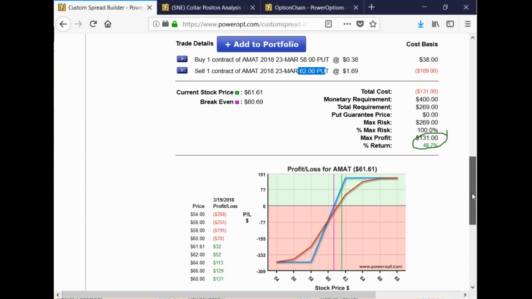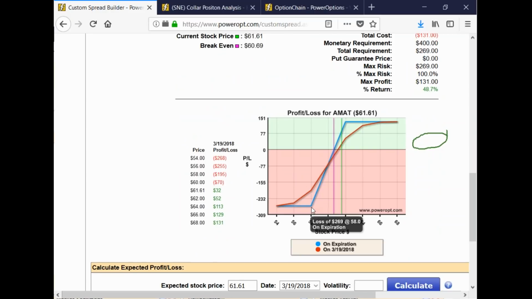I have bought a put at 58, which gives me the right to sell that stock to somebody. So if the stock gapped down to 50 for whatever strange reason, and AMAT was at 50 a couple months ago, but if it fell suddenly to 50, I may be forced to buy stock at 62, but I've reserved the right to force someone to buy it at 58, so I can only lose the 4 points.